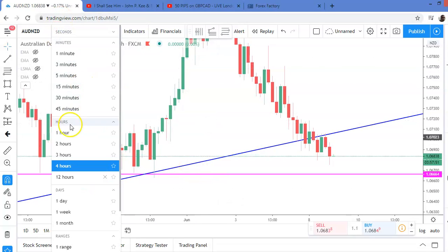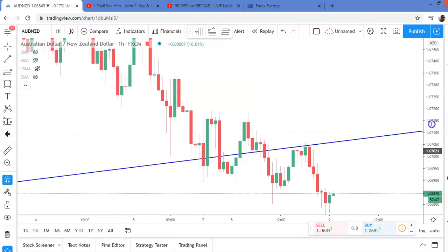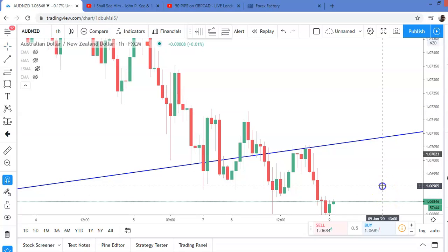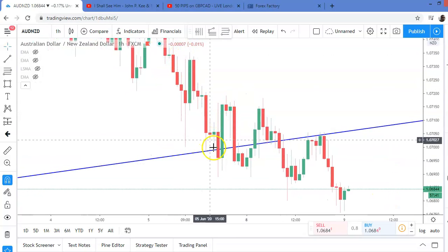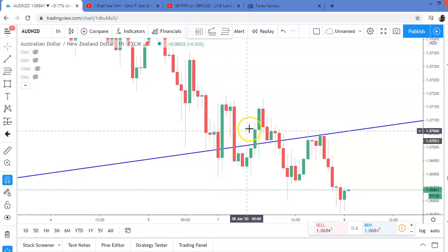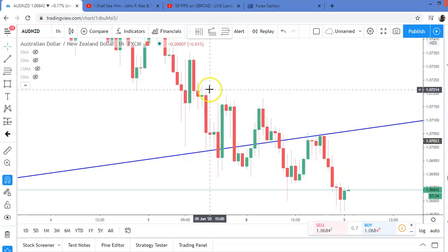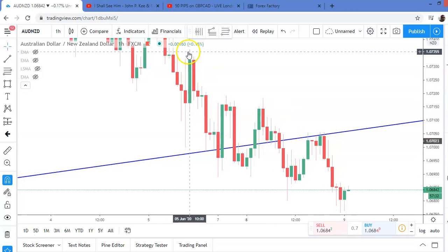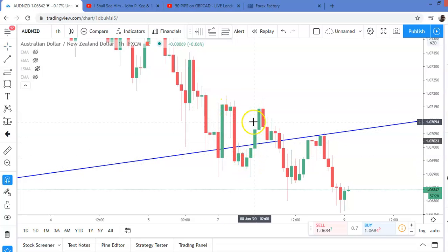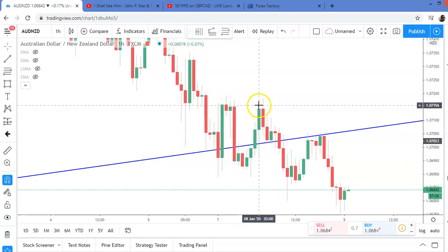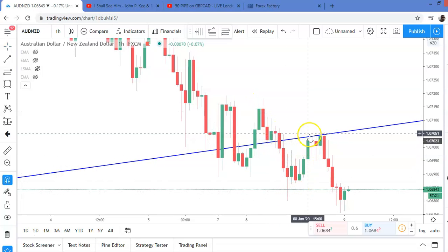I'm going to go down to the 1 hour. On the 1 hour, it's kind of in this descending trend. It looks like it's descending, and then there's a retracement of like 100%, a descent, and then another retracement.